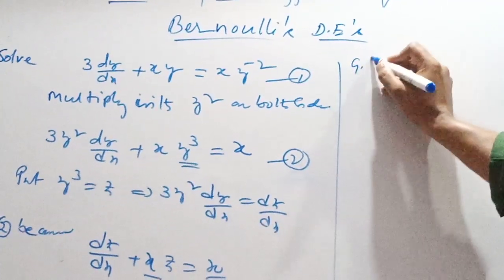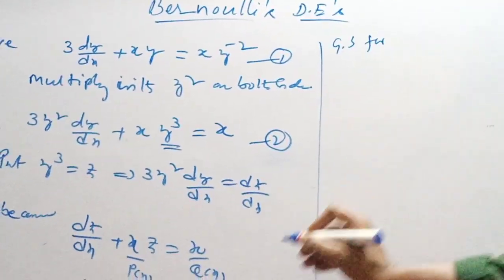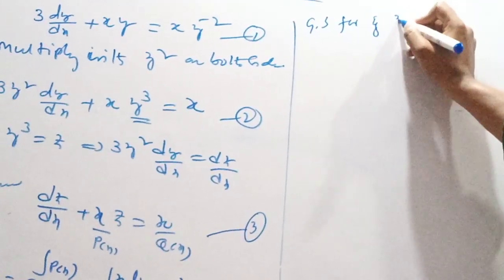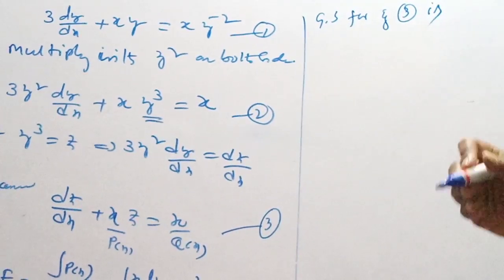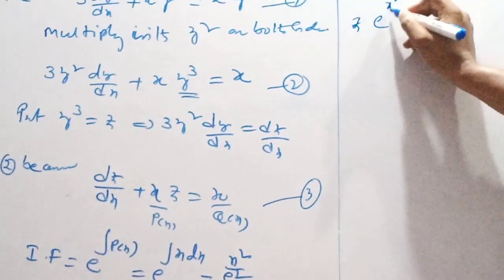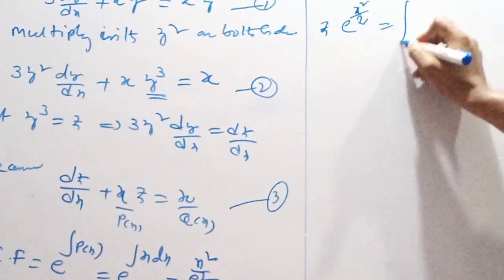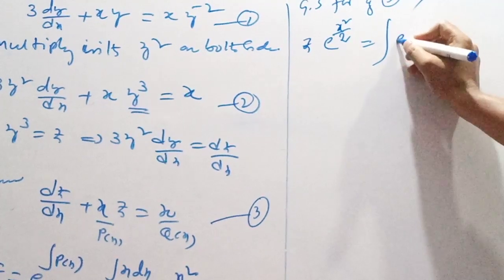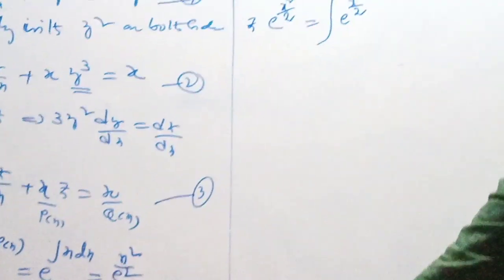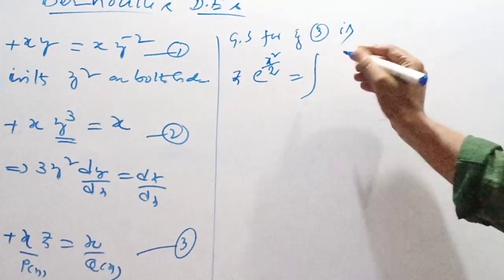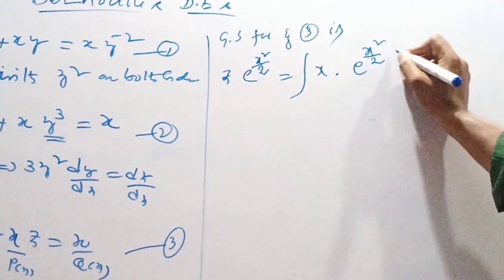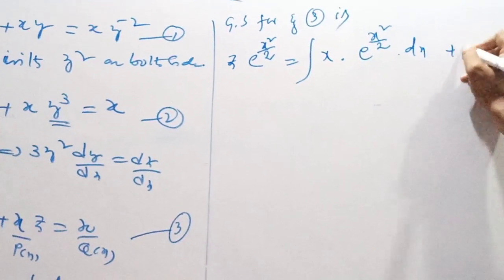The general solution for equation 3 is z into e to the power of x square by 2 equal to integral of e to the power of x square by 2, where Q of x is x, into the integrating factor e to the power of x square by 2 dx plus constant c.